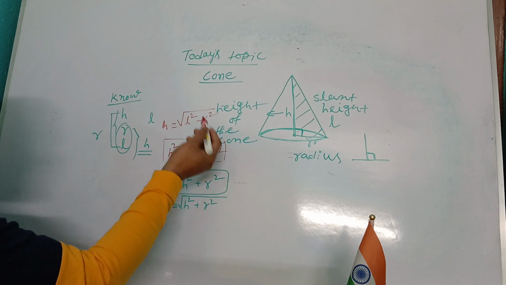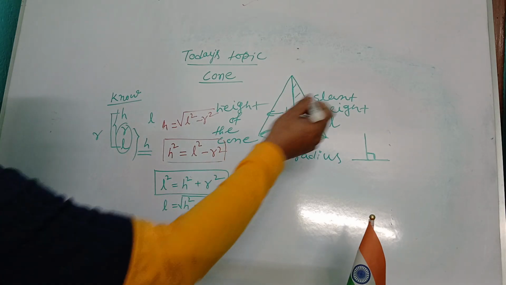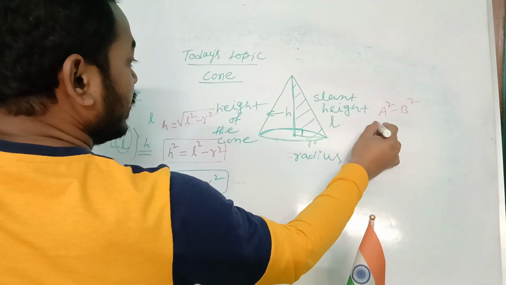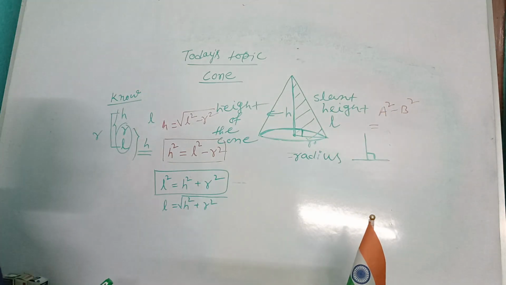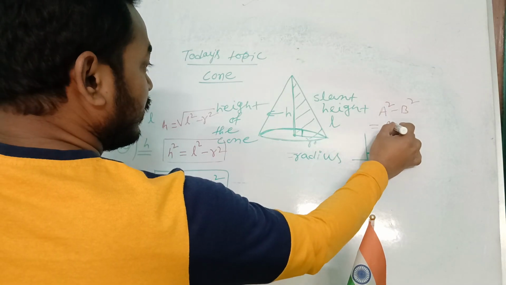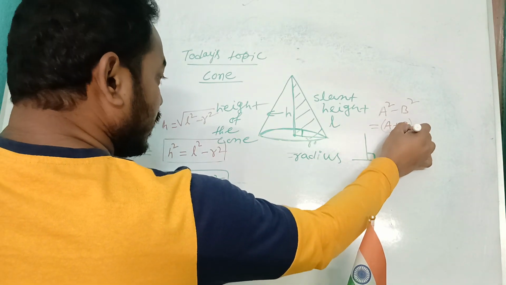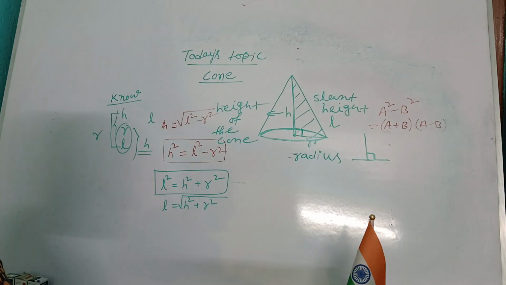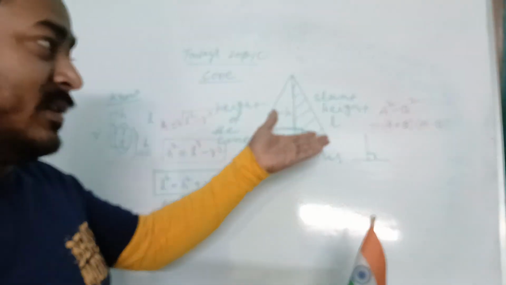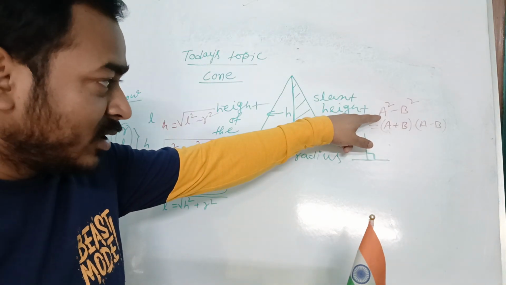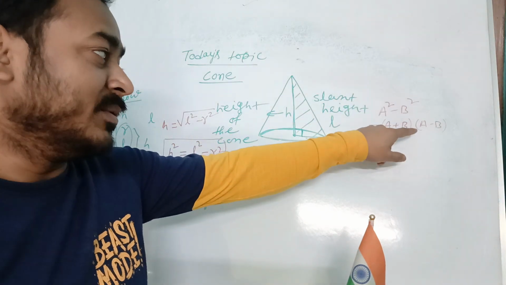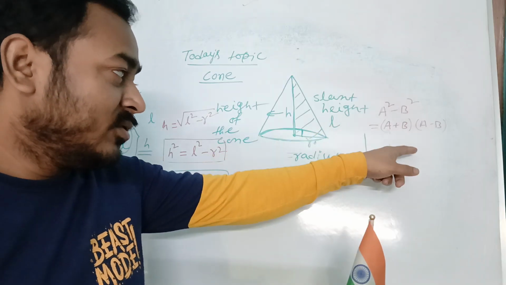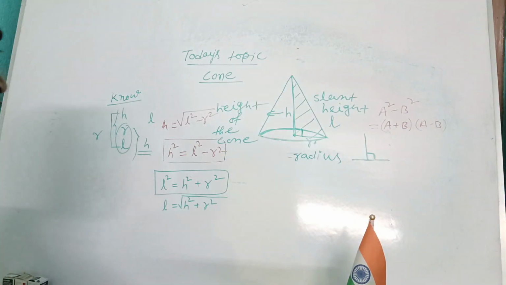After using the identity, we know a square minus b square, the square of one number minus the square of another number, can be written as the sum of these two numbers into the difference of these two numbers. It is a formula, a pattern.